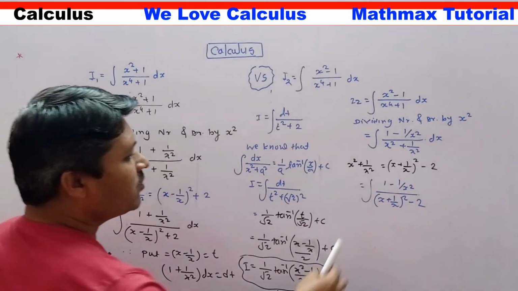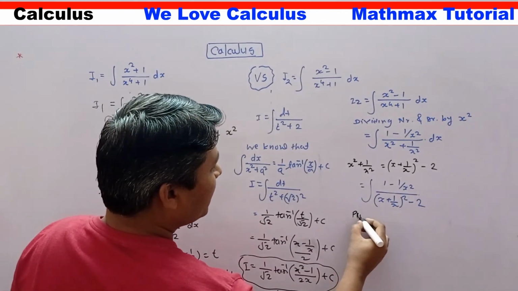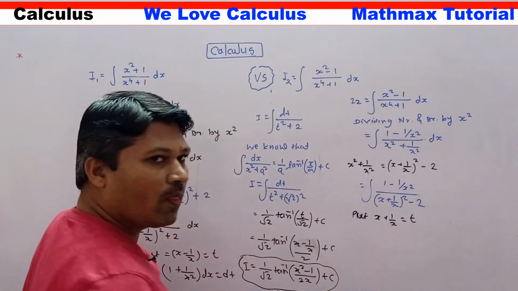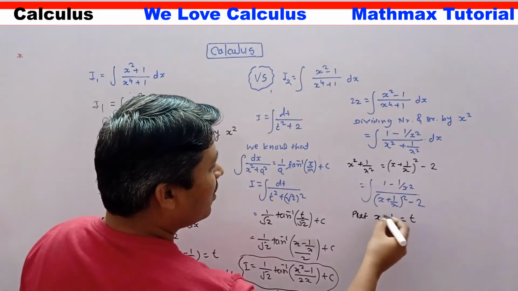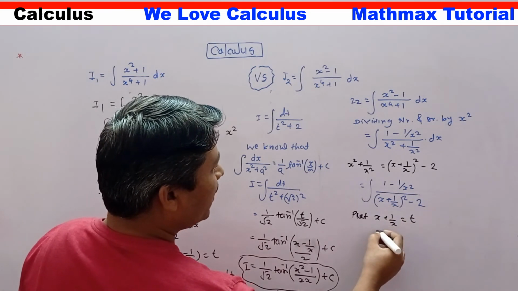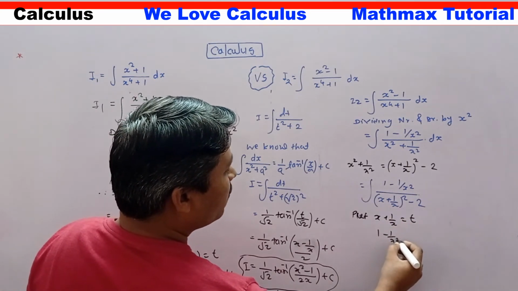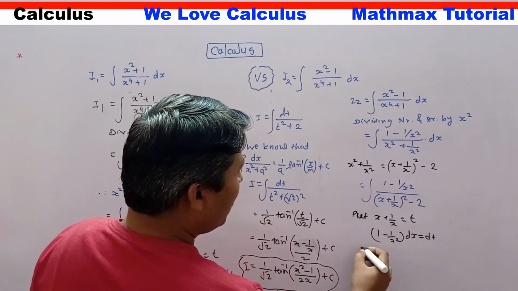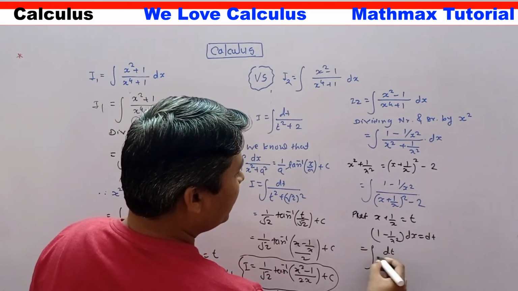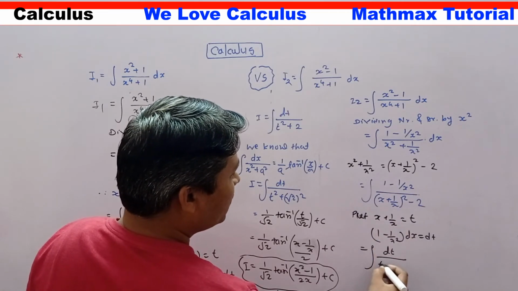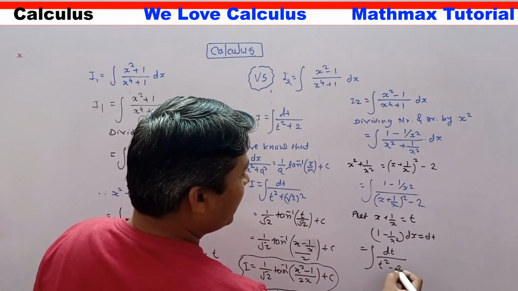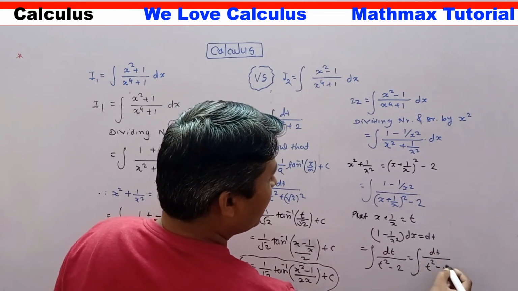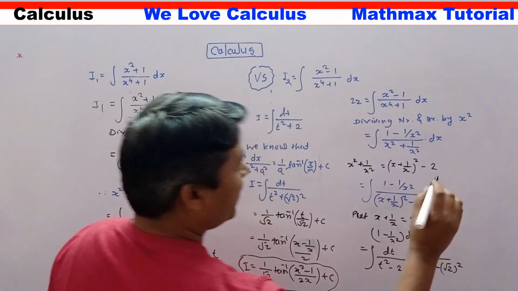Now we use the substitution method. Put x plus 1 by x equal to t. Differentiating, we get (1 minus 1 by x square) dx equal to dt. Therefore the integral becomes dt upon t square minus 2, that is, dt upon t square minus root 2 square.